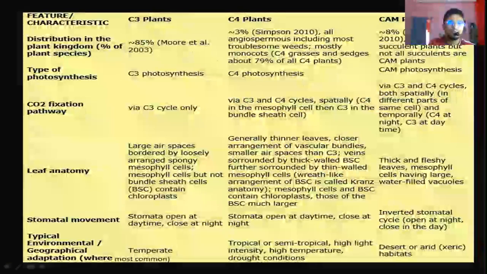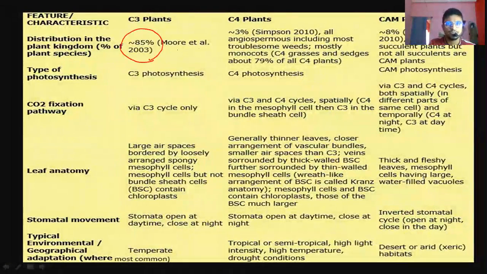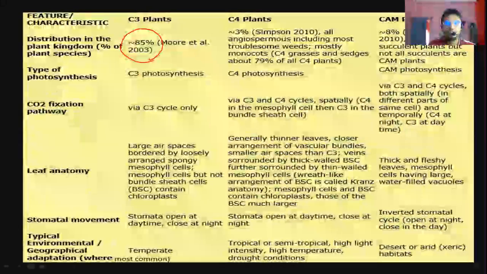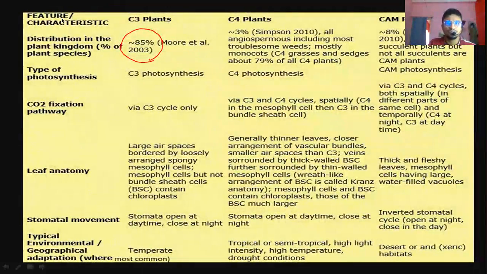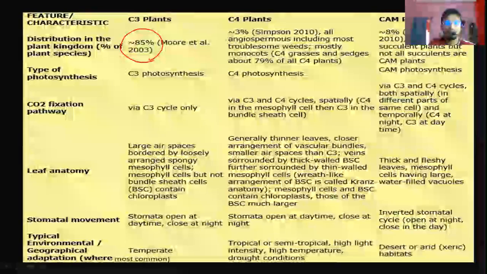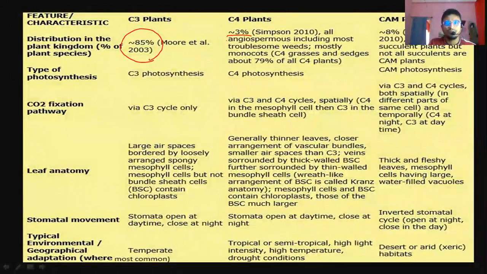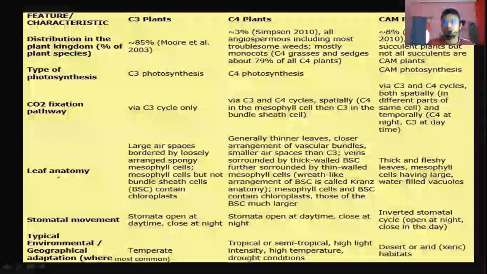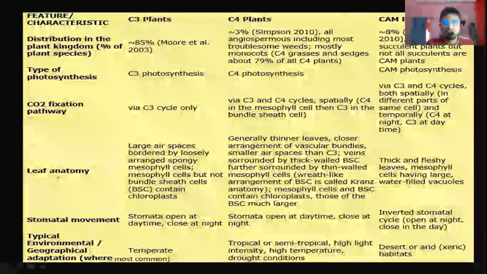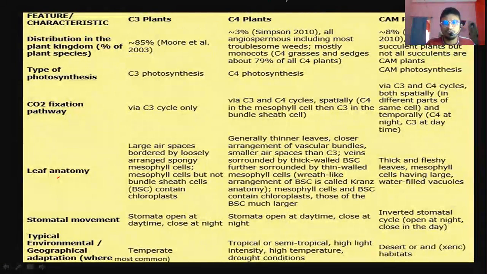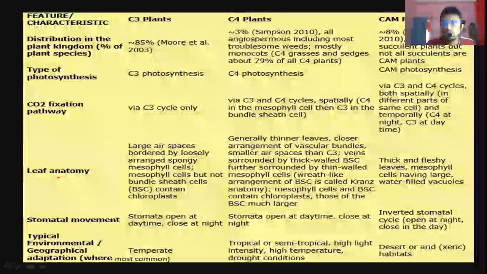Now, if you compare statistically, about 85% are C3 plants. About 8% of the entire plant kingdom is CAM. Let me check whether the recording is going on; yes, it's going on.